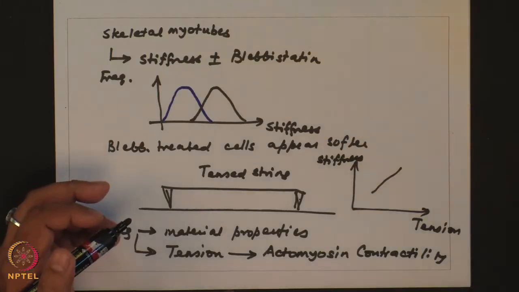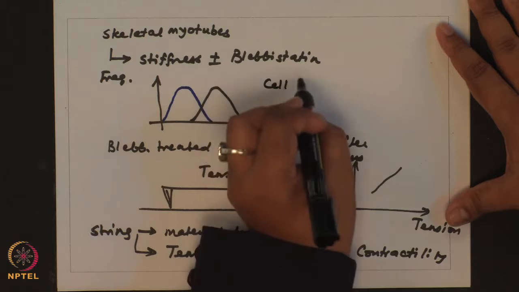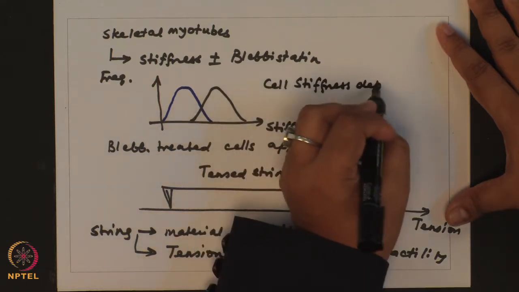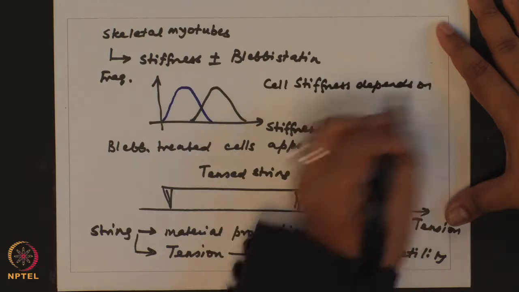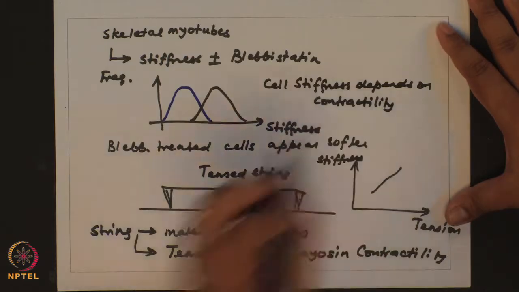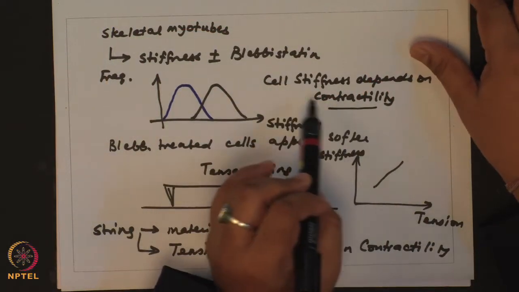In other words, the string appears to be stiffer. So this tells you that cell stiffness depends on contractility. This suggests that in a sense you can get an idea of how contractile a cell is by measuring its stiffness.